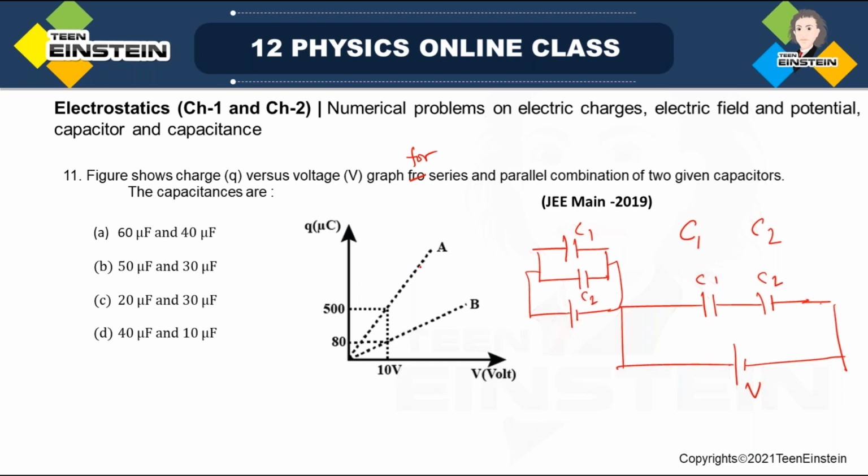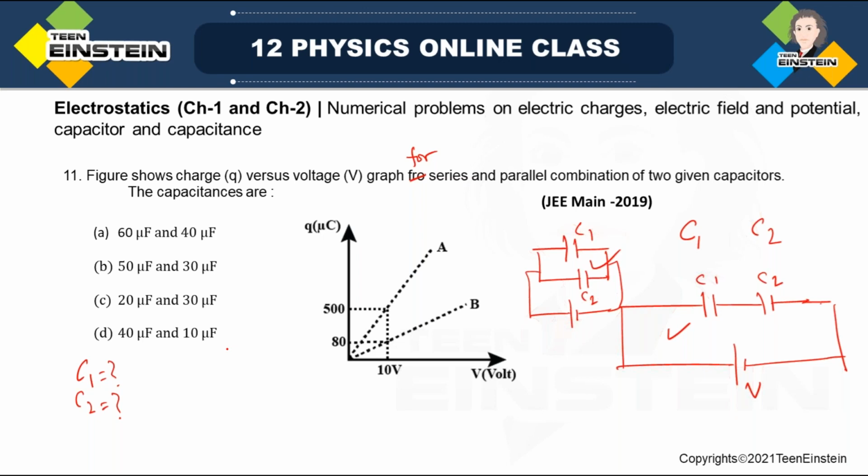So this is again the graph where A and B, these two graphs are showing the charge stored either in series and parallel combination of the capacitors C1 and C2. So the question is you have to find out what are the values of C1 and C2.